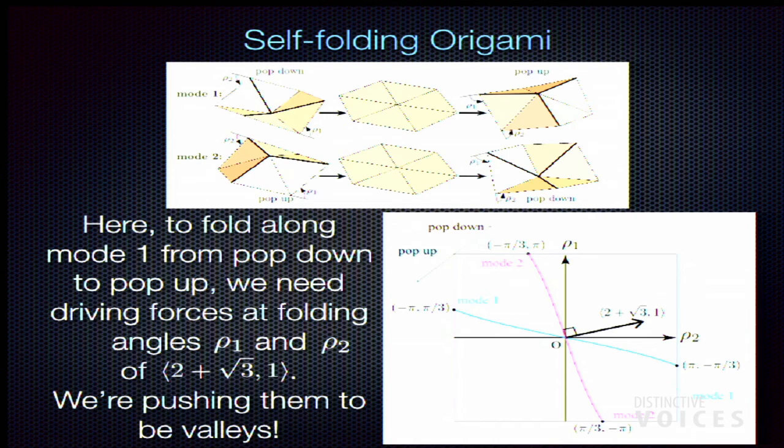I'm going to push it with a negative force. Because mountain creases have to be negative, valley creases have to be positive. That's how we're measuring things. So you would think you would need like positive force, negative force. You'd think you need to alternate. But this is saying no. If you want it to self-fold properly, you need a strong positive force and then a weaker positive force. And that will push it through this singular point at the origin.